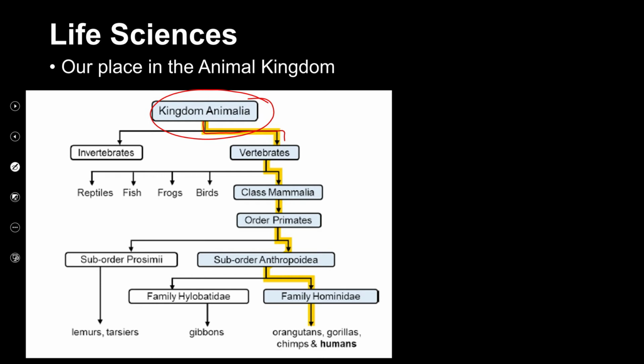We fall under the category vertebrates, which means that there is a vertebral column or a backbone. Okay, so those are all organisms that have a backbone as opposed to other organisms like insects and those kind of organisms that are invertebrates.